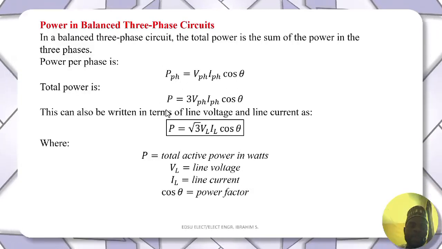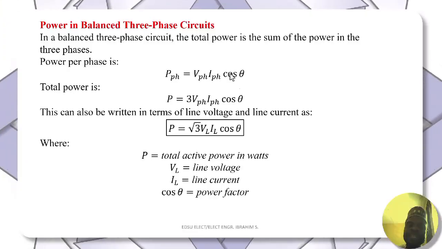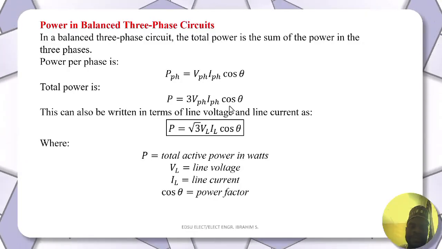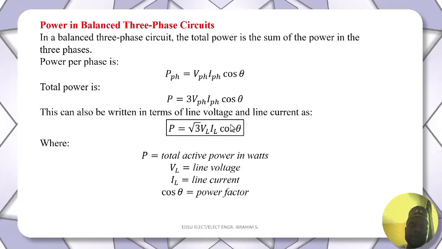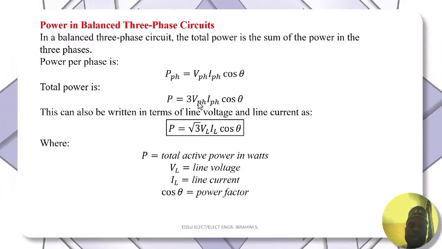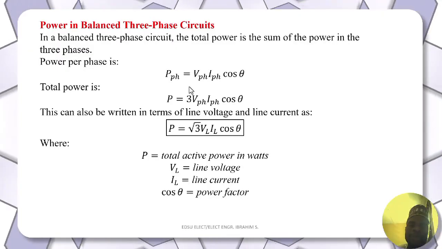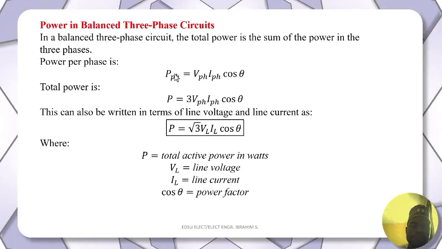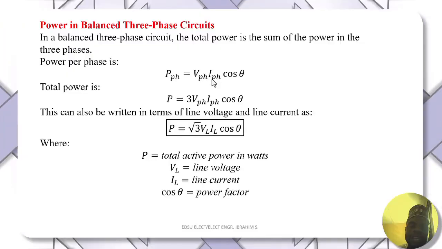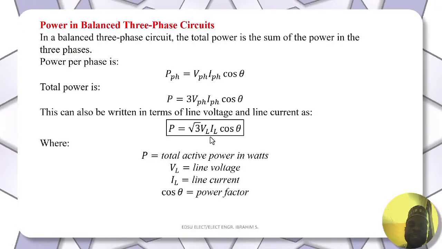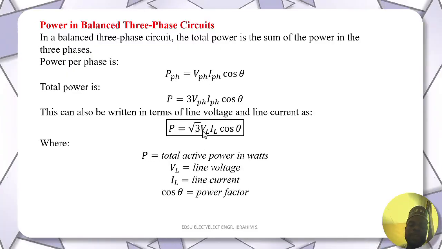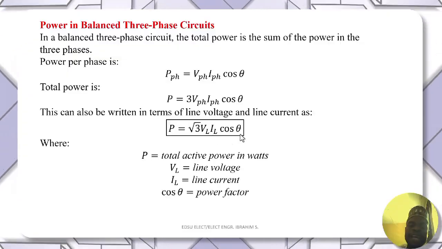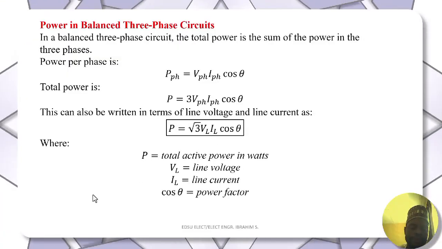Then it means my total power in the three phase is this multiplied by 3, and this can also be written as this general formula. Here I'm using my phase voltage and my phase current. But if I use my line quantities, it should be root 3 V line I line cos theta.